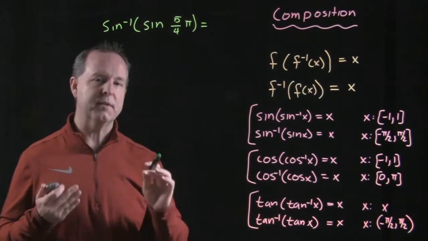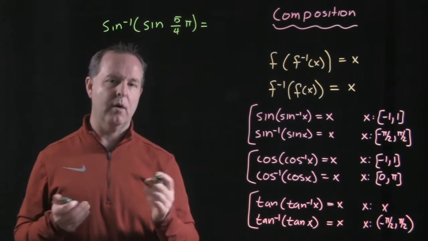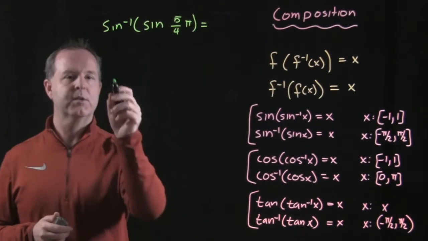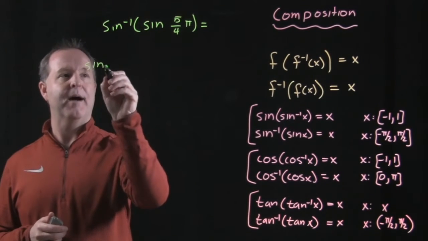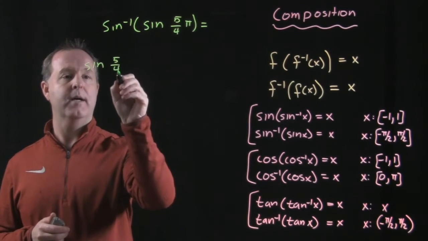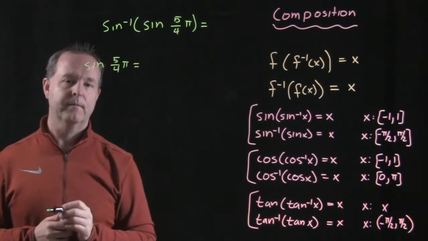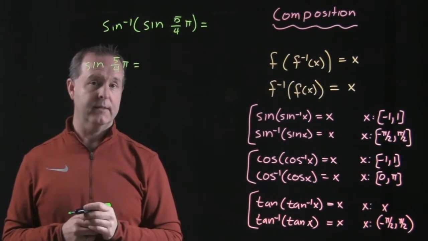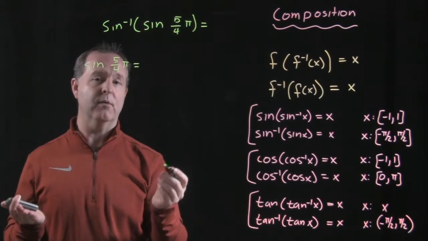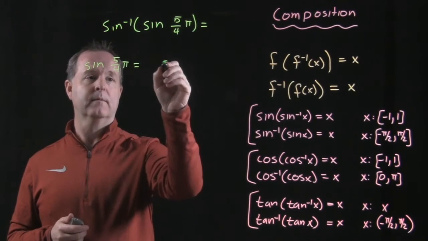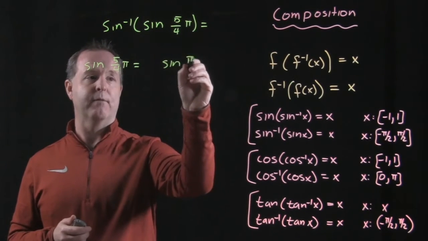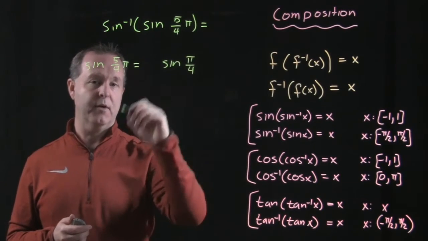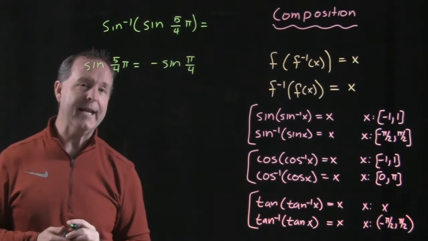So what we'll do to proceed is remember a little bit more about our reference angles. Do you remember what the sine of 5/4 pi was? Well, that's in our third quadrant, and its reference angle was pi fourths. So that would equal the sine of pi fourths, but it was in the third quadrant, so it will be negative.